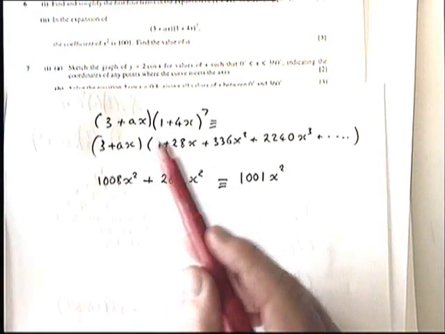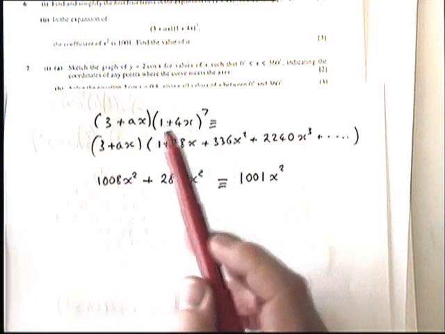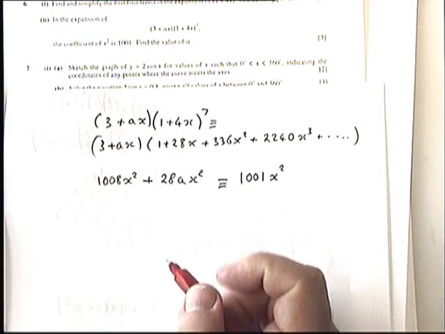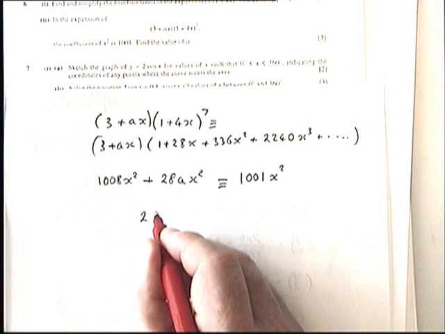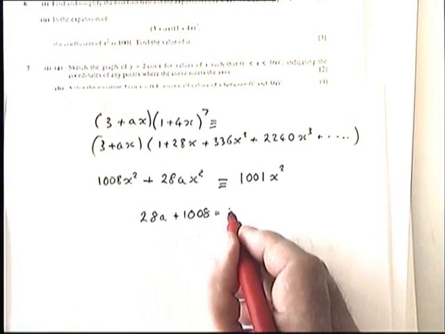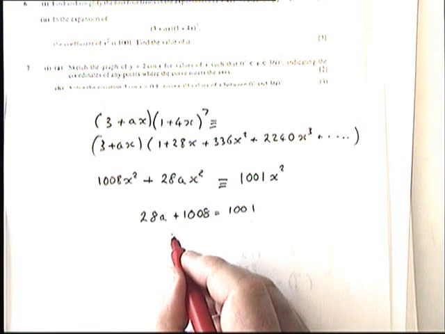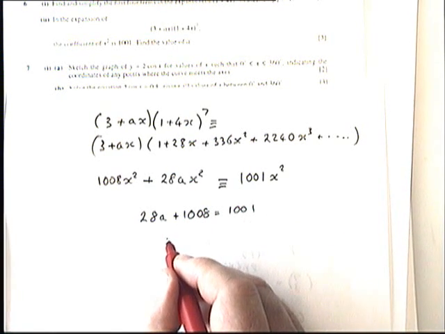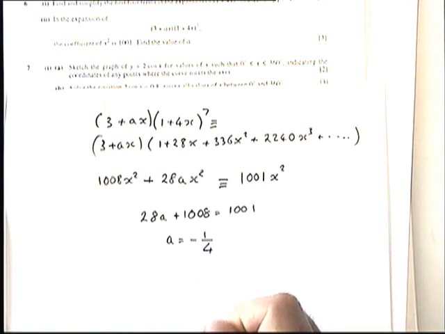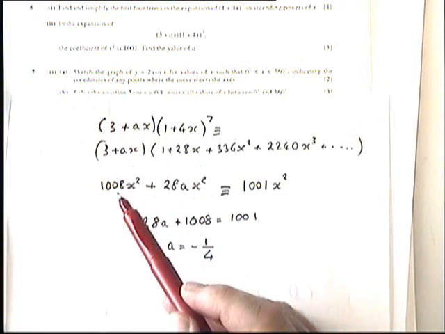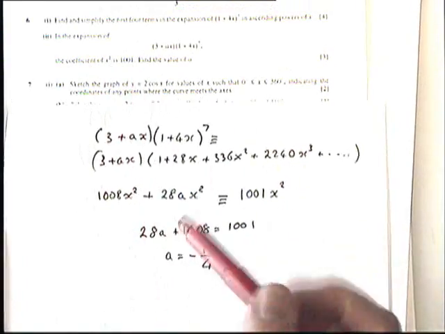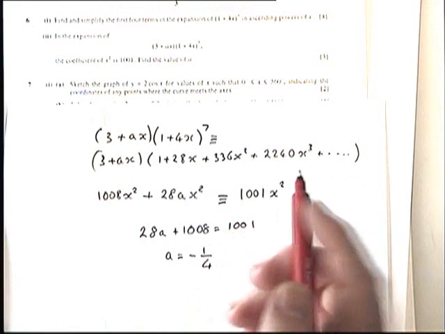Now, if it's an identity or equality, then the coefficient of the x squared on both sides has to be equal. So we're left with 28a plus 1008 is equal to 1001. If we work that out, we get a is equal to minus 1/4. Okay, so we're only interested in the x squared terms because it's the x squared terms that we had the coefficient of. I hope that helps.